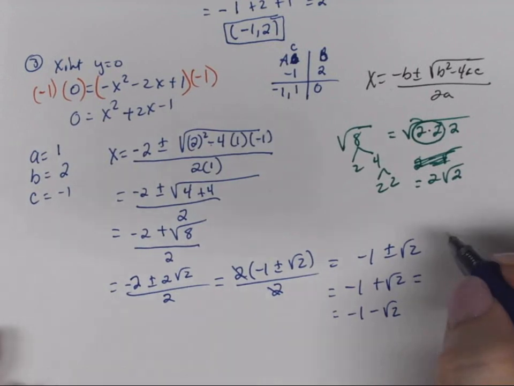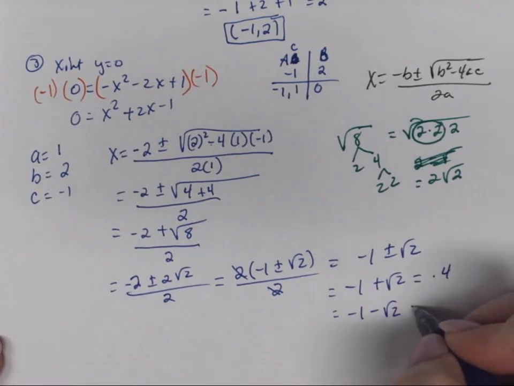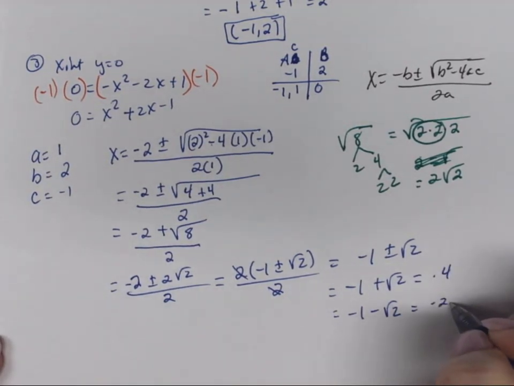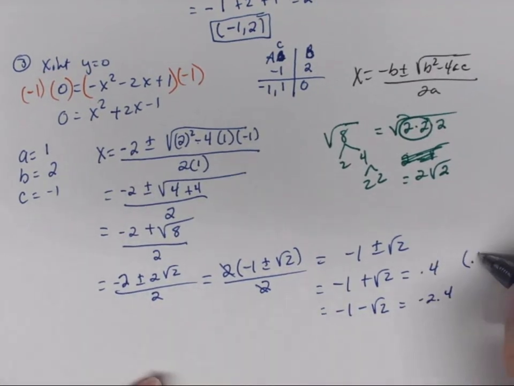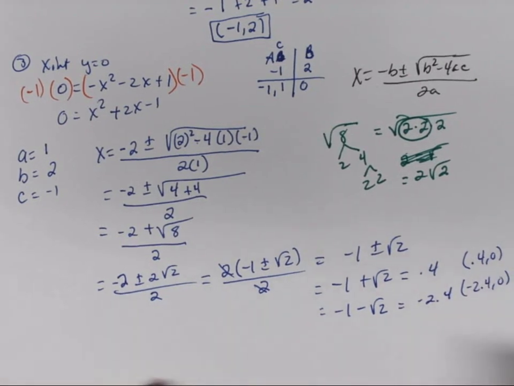As we plug that into the calculator, you'll end up with 0.4 and negative 2.4. So that means you will have an x-intercept of 0.4, 0 and negative 2.4, 0, which is what we're looking for. So that's a lot of work if it doesn't factor.